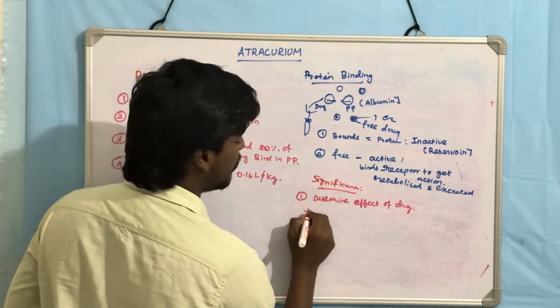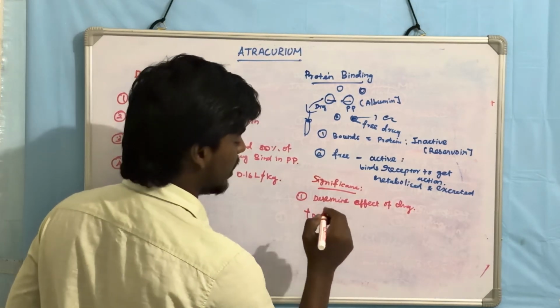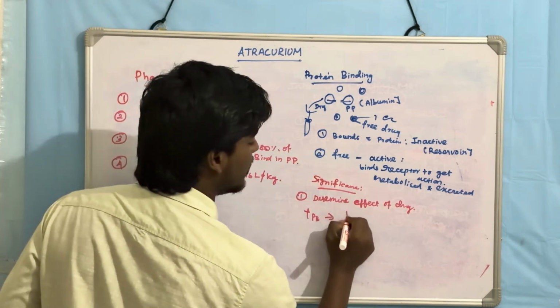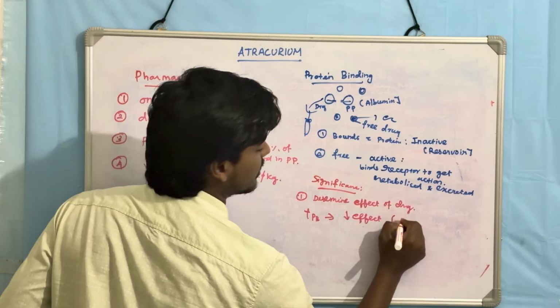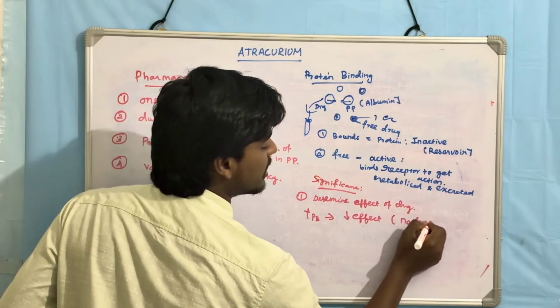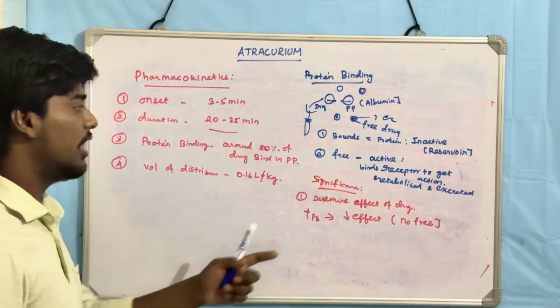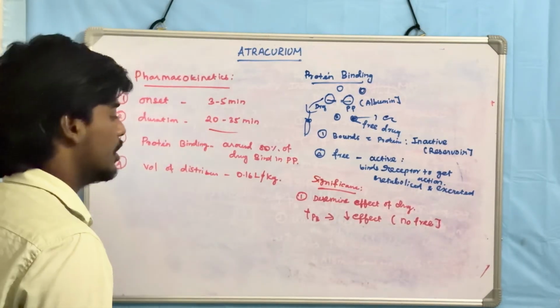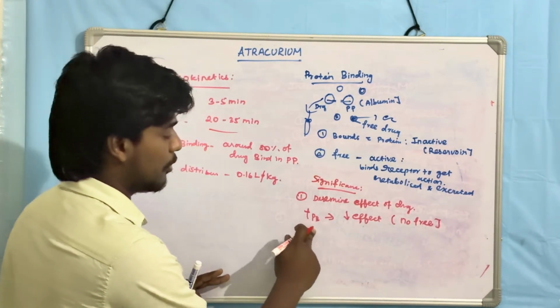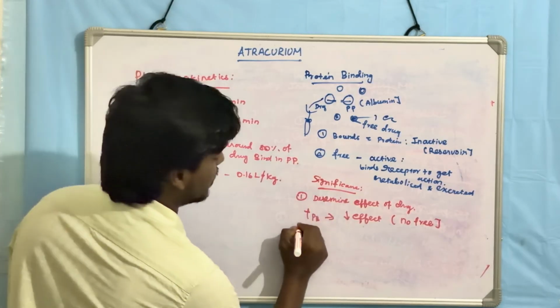The more plasma protein bound drug, the less the effect, because there is no free drug. The free drug is the active one that binds the receptor and gets metabolized and excreted. So more protein bound drug means less effect.